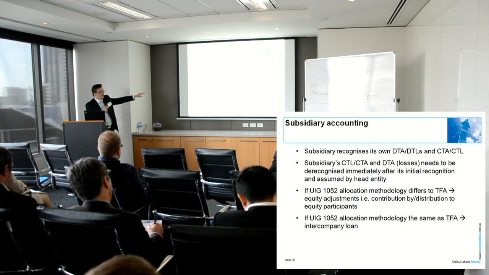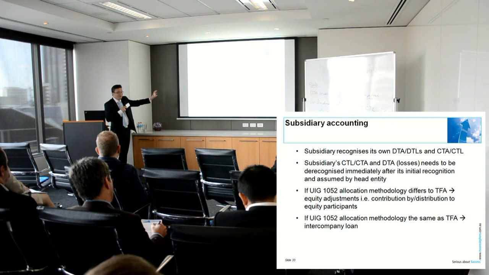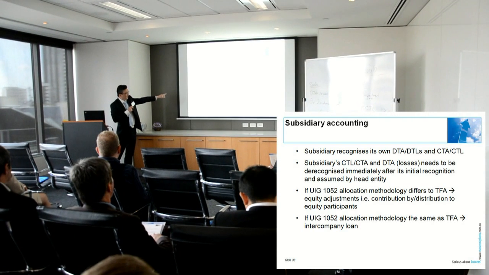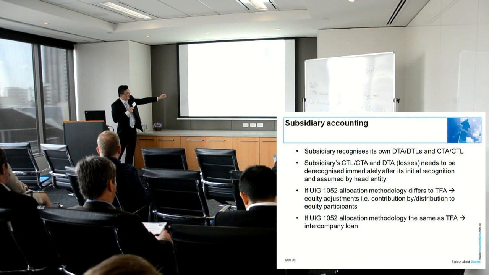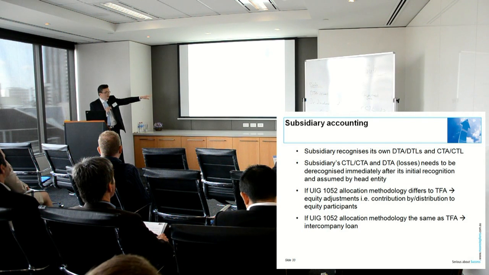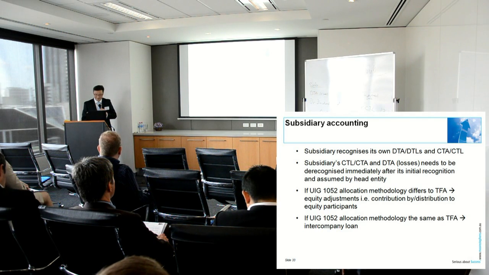If you have a tax funding agreement, how you calculate the amount assumed is the same as your CTL calculated. If you don't have a tax funding agreement, then you have an equity adjustment, share capital or dividends paid. If you have a tax funding agreement, then it goes through the intercompany loan account. So much simpler.